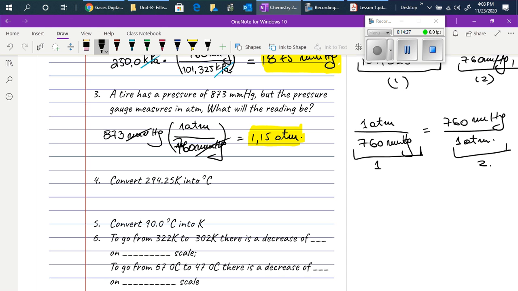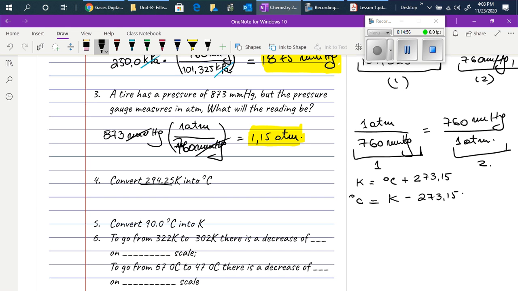Now, when we are converting Kelvin to Celsius, or Celsius to Kelvin, what we keep in mind is Kelvin is degrees Celsius plus 273.15, and degrees Celsius is equal to Kelvin minus 273.15.